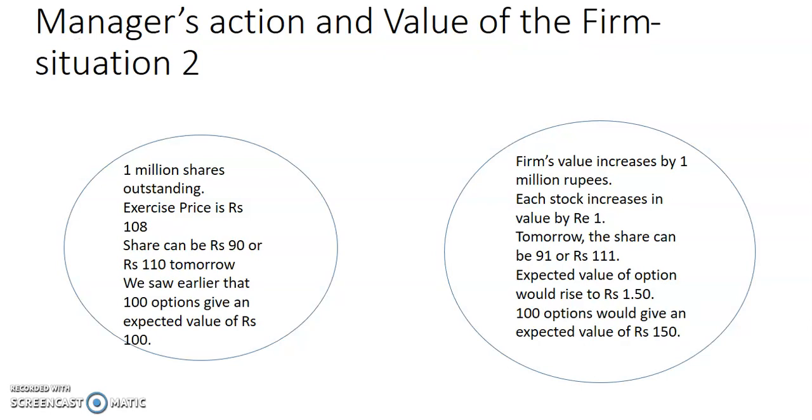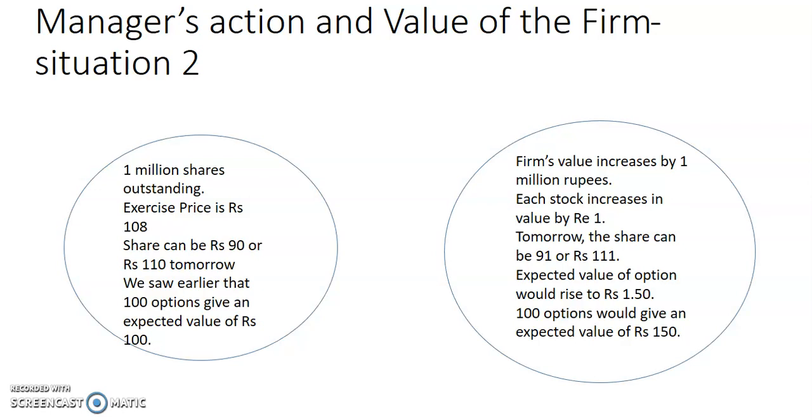Now let's analyze this situation too. What if instead of holding 20 options with a strike price of 100 rupees, the manager holds 100 options with a strike price of 108 rupees? If the stock price turns out to be 91 rupees, the option is out of the money. But if the stock price turns out to be 111, the manager receives 3 rupees on each option.